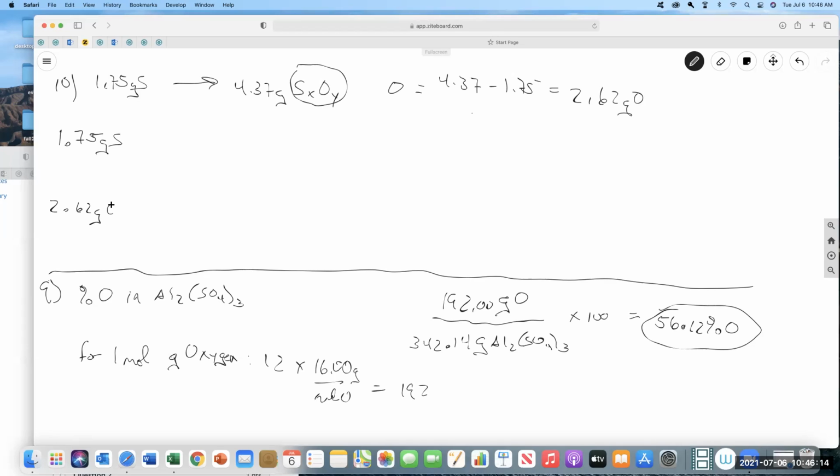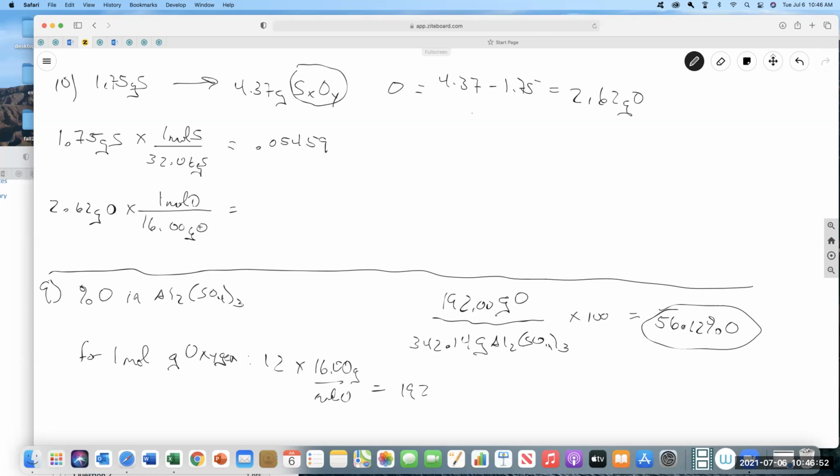We have 2.62 grams of oxygen. So 1 mole of sulfur, and we'll just go to 2 decimal places, is 32.06 grams of sulfur. 1 mole of O is 16 grams of O. So this is 0.0545859 for the sulfur.